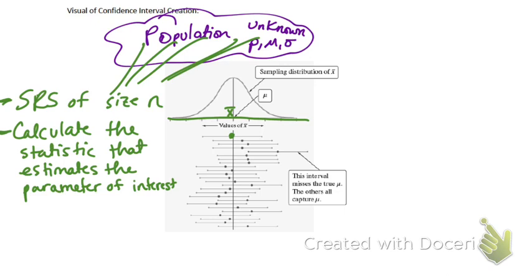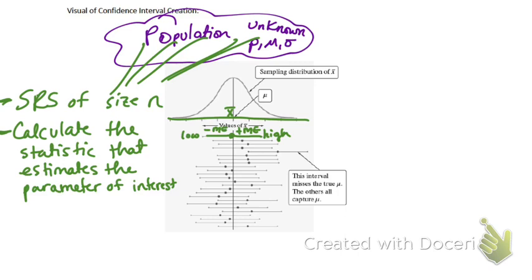That's my wiggle room. How far do I think I might be off? And I allow myself that margin of error. So this is my margin of error. I add a margin of error, and that gives me a high estimate for the true mean of the population. I subtract the margin of error, and that gives me a low estimate for the true population value.